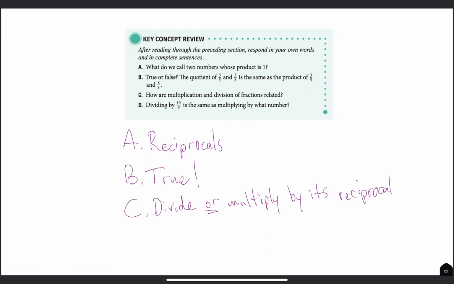So you can either divide or you can multiply by its reciprocal. That's how multiplication and division of fractions are related. D. Dividing by 19/9 is the same as multiplying by what number? Well, dividing by 19/9 is the same as multiplying by its reciprocal.